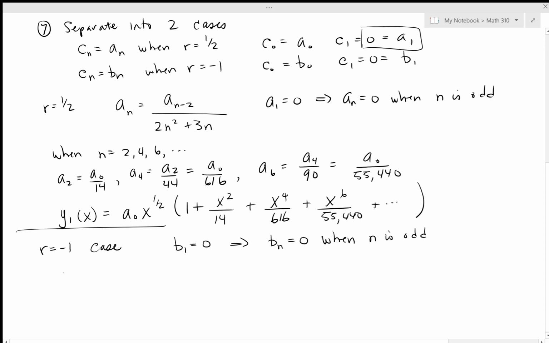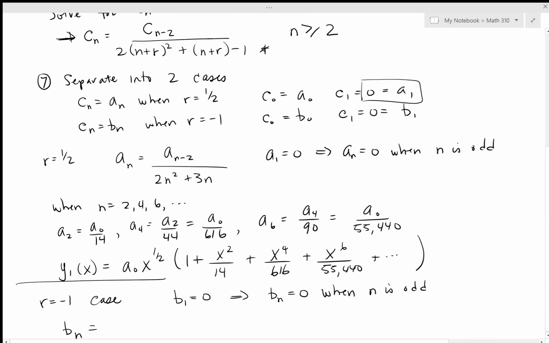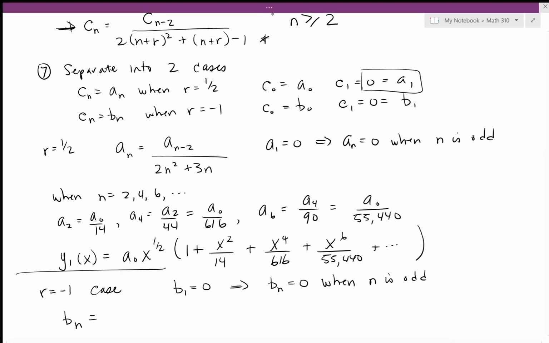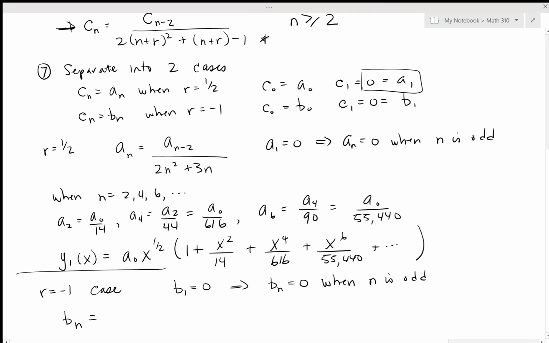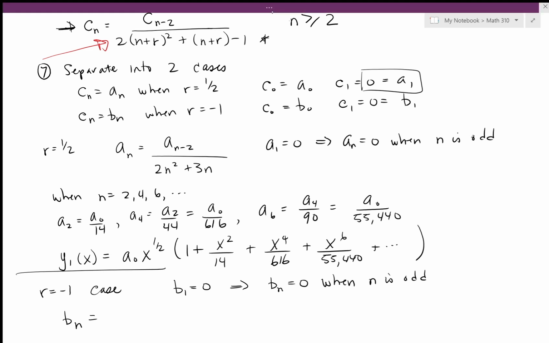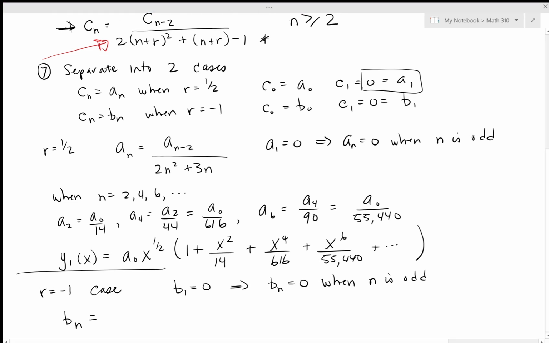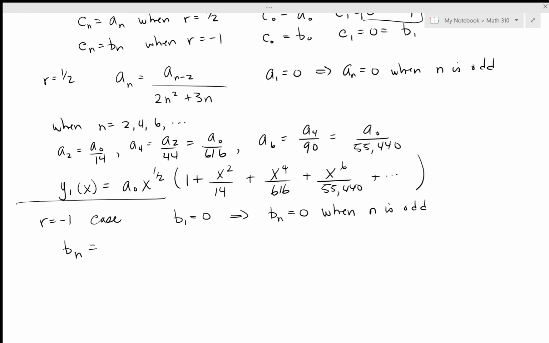Okay, and then plugging in r equals -1 into this equation here. Let me just point to it. I'm now looking at this equation again. And now I'm considering the case when r is equal to -1, plugging in r equals -1, and that is allowing me to talk about my second solution, and that is going to then be bn-2, and here's that denominator evaluated when r is equal to -1.